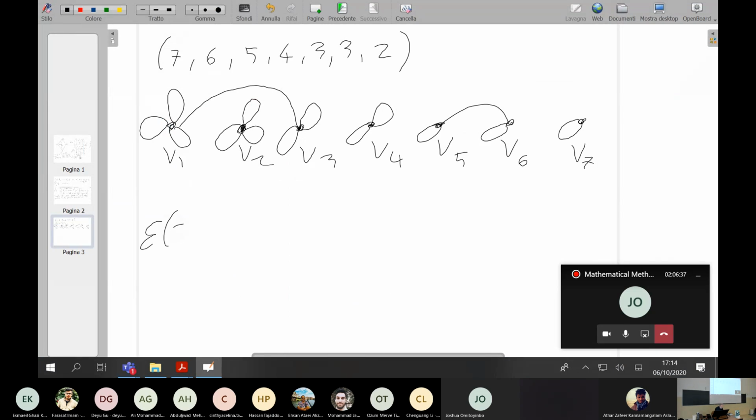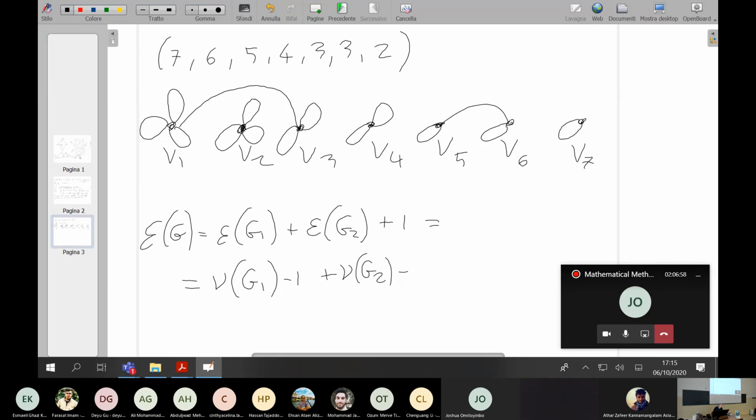So epsilon of G equals epsilon of G1 plus epsilon of G2 plus 1. Epsilon of G1 is n of G1 minus 1, this is n of G2 minus 1, and then we have plus 1.